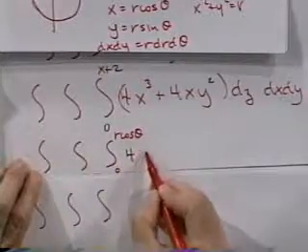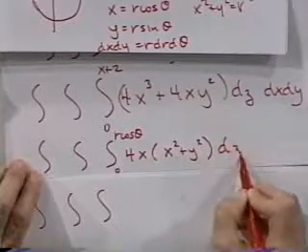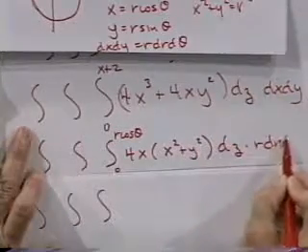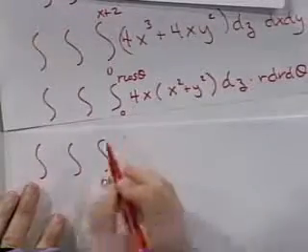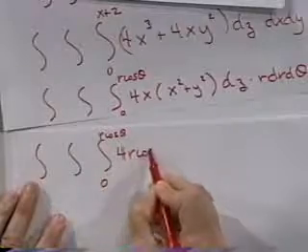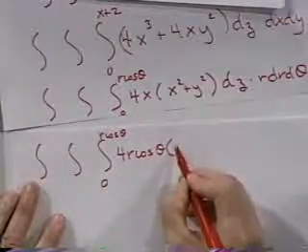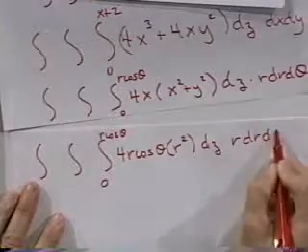Notice I could factor out an x. So we're going to be going from 0 to r cosine theta plus 2. The integrand is 4r cosine theta times x squared plus y squared, which is r squared, dz, r dr d theta.